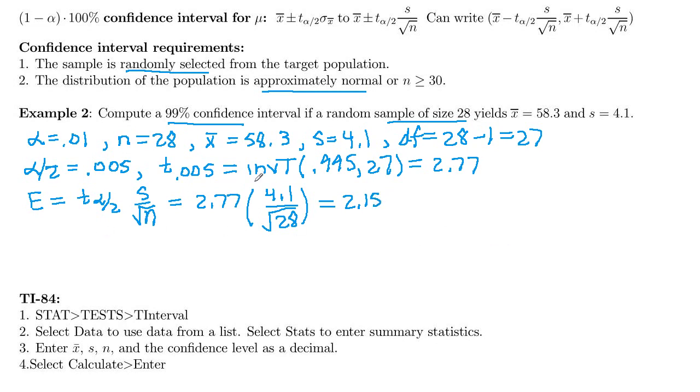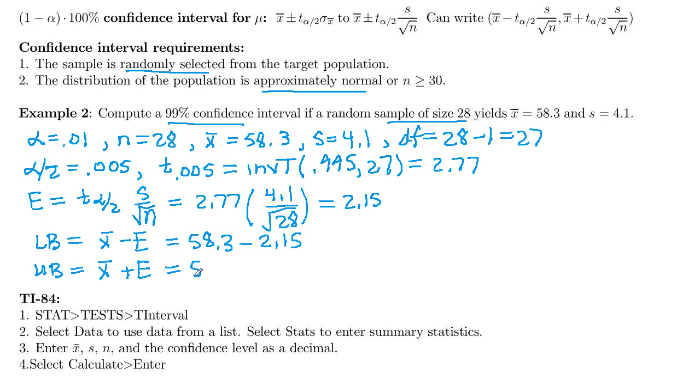We add and subtract that to our point estimate, which is our sample mean. So our lower bound is going to be our sample mean minus the margin of error. So we're going to take that 58.3 and subtract the 2.15. And then our upper bound will be the sample mean, the point estimate, plus the margin of error.